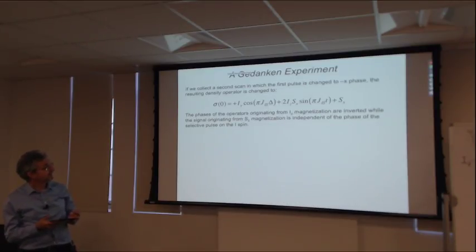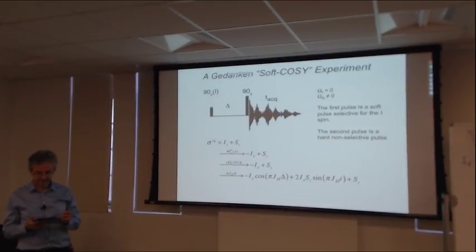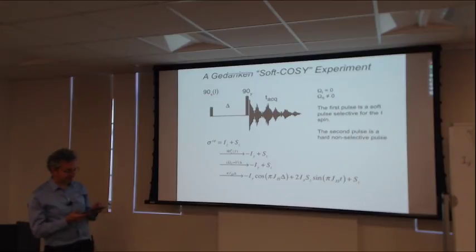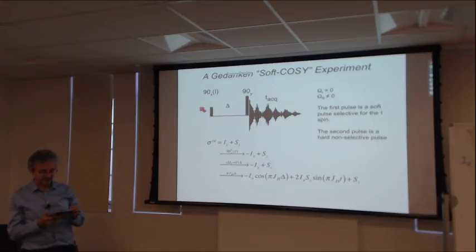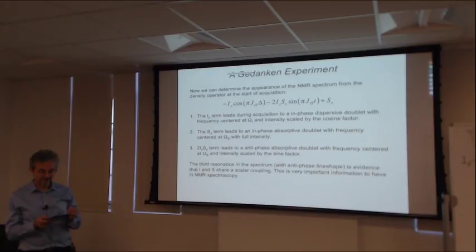So now let's collect a second scan in which the phase of the first pulse is changed from X to minus X. So back up here, I'm now going to do the experiment in which this is a minus X phase pulse. So instead of initially generating minus IY, we'll generate plus IY. And then we just follow that through.